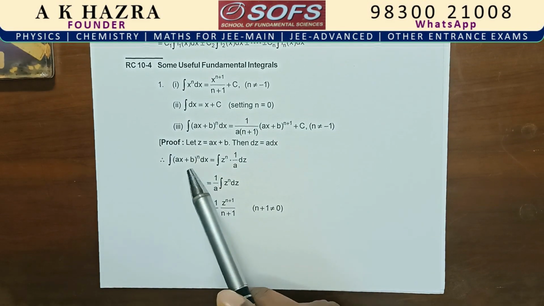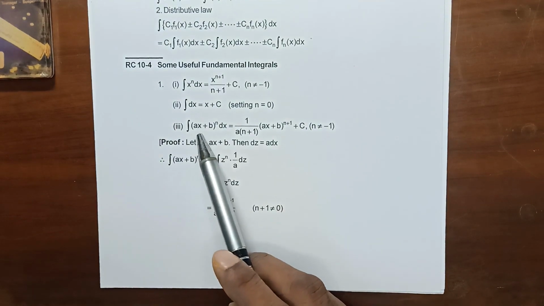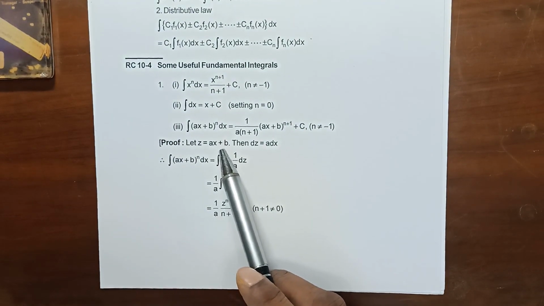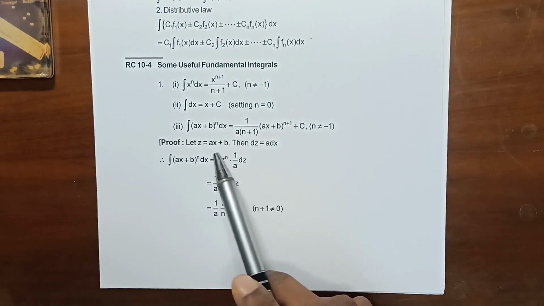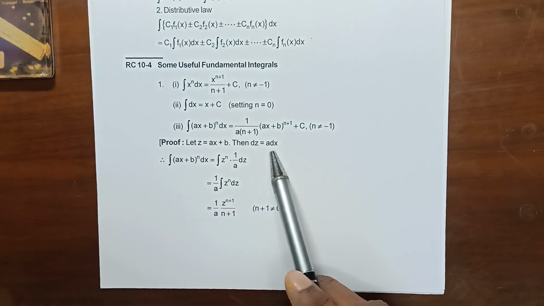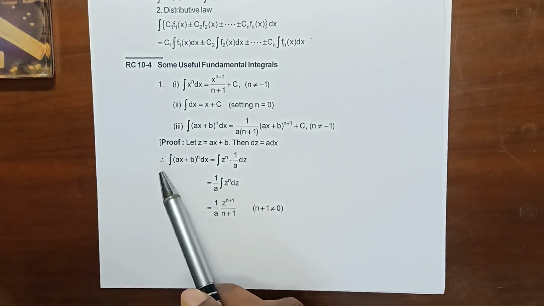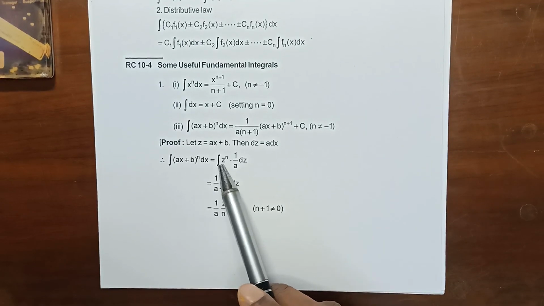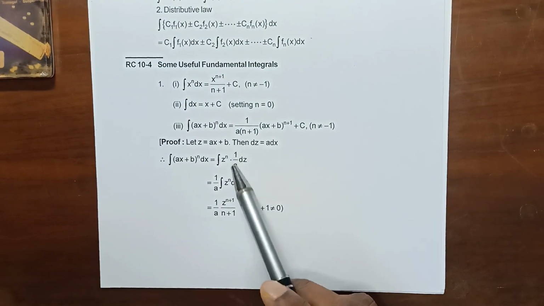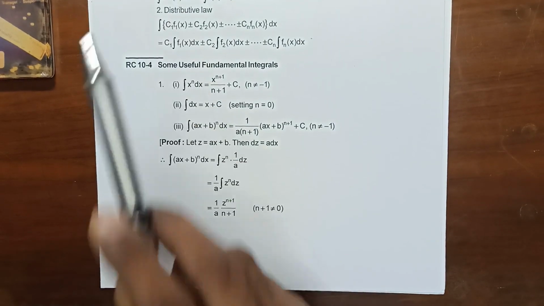How to establish that? It can be established by the method of substitution. If you put z equal to ax+b, then dz equals what? a dx, because a and b are constants, so a dx plus b's derivative 0. So we have the integration of (ax+b)^n dx equals z^n, and dx is 1/a dz, with the constant 1/a taken out because of the commutative law.